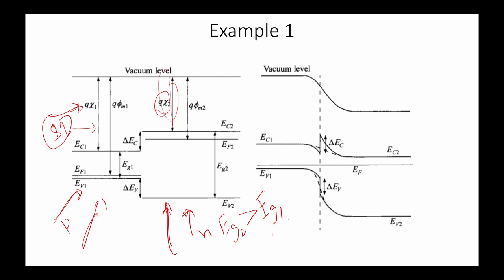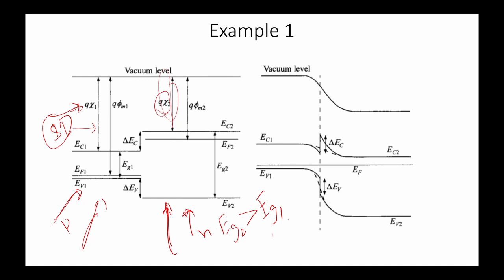A homojunction is when we join a p type semiconductor with an n type semiconductor, because the semiconductors are the same. But a heterojunction is when we join different semiconductors with different band gaps.